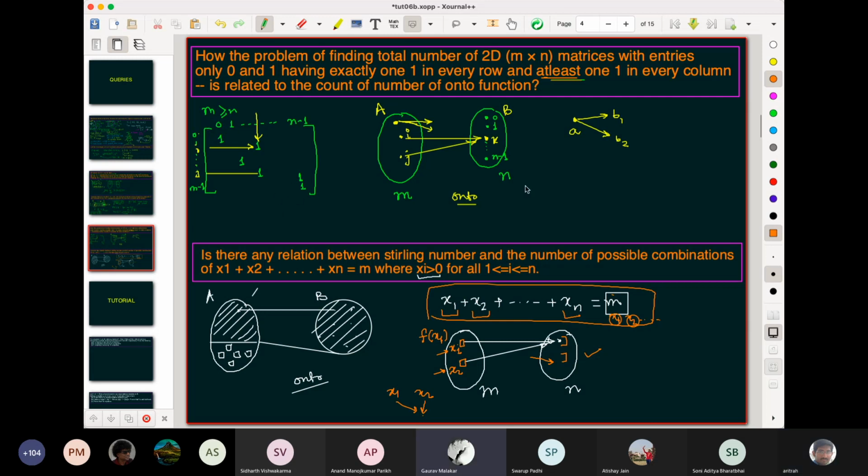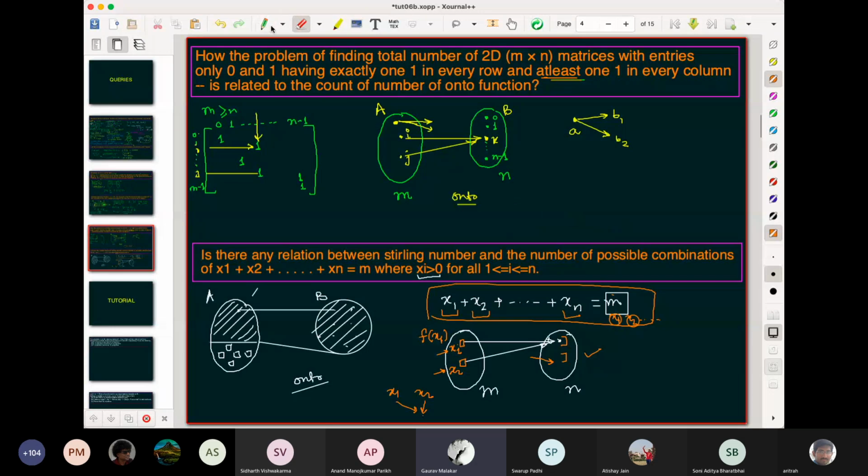So here can we say that the number of onto functions is equal to mCx1 into (m minus x1)Cx2 into (m minus x1 plus x2)Cx3, like this going on? No, actually the relation is given. When you compute everything, then you have to give a combination of this, m minus 1, n minus 1, and then plus 1 and so on. So I'm speaking in terms of x1, x2, xn.